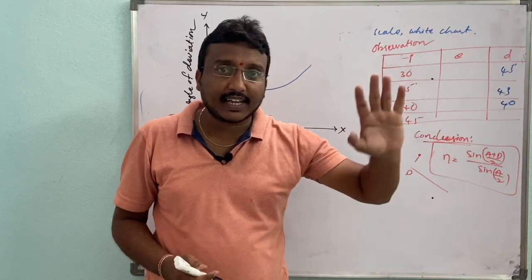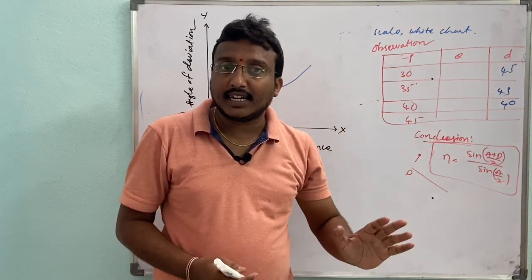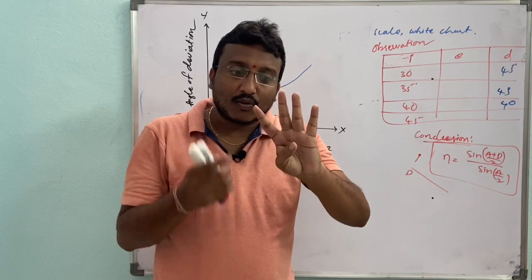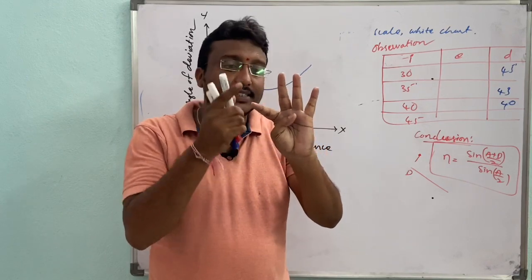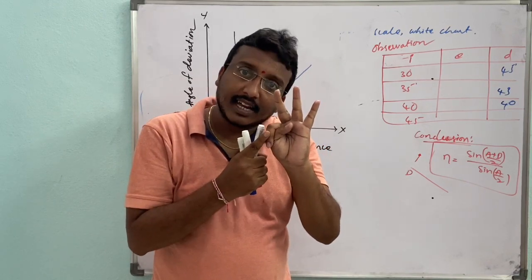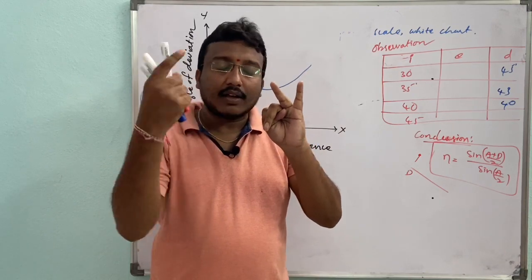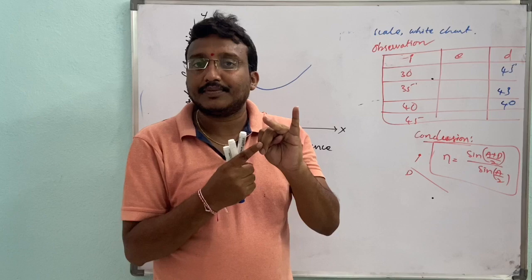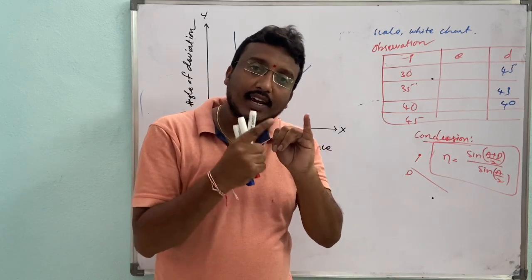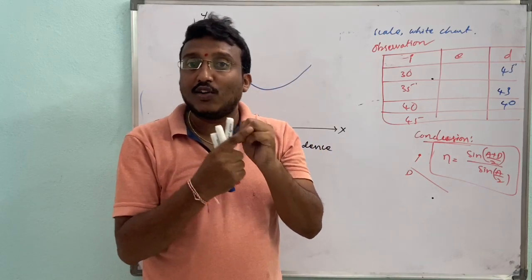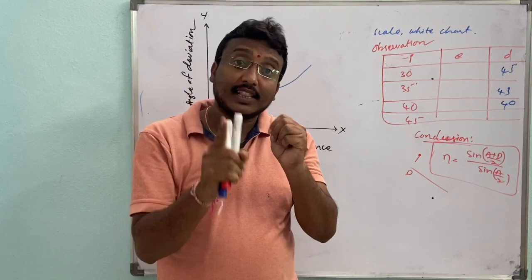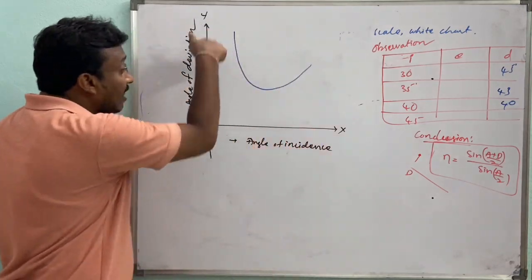The factors affecting the angle of deviation are 4 factors. What are the 4 factors? First one is angle of incidence, second one is the material, that is the refractive index of the material, third one is the wavelength of light used, and the fourth one is the angle of prism. In that, the first one we discussed is the angle of incidence.